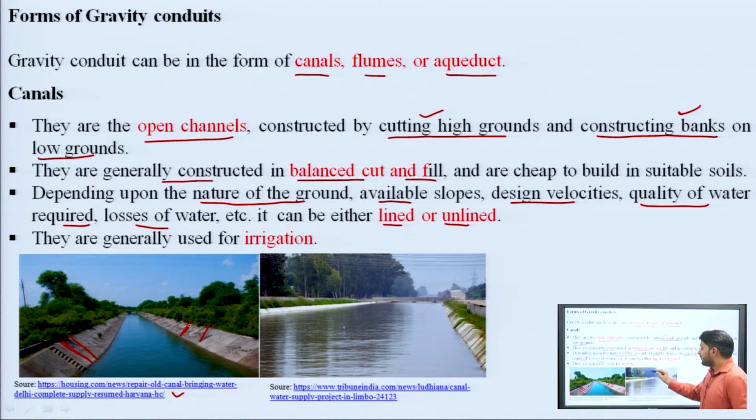Okay? And what it will do is reduce the seepage loss. This particular form of gravity conduit is generally used for the purpose of irrigation, and we can easily see that both the canals are actually diverting the water for the purpose of irrigation.